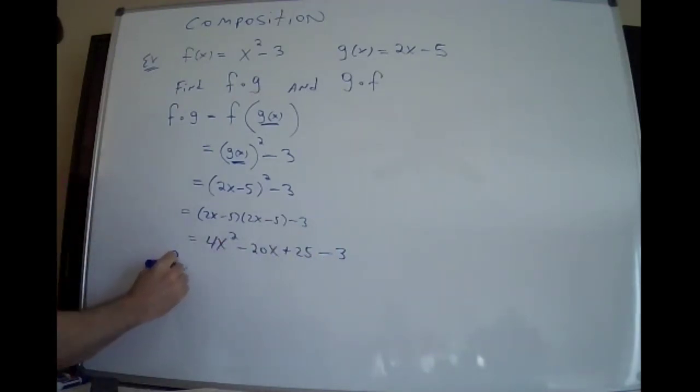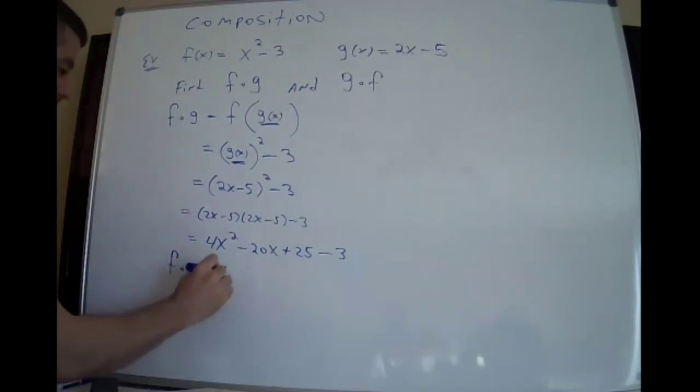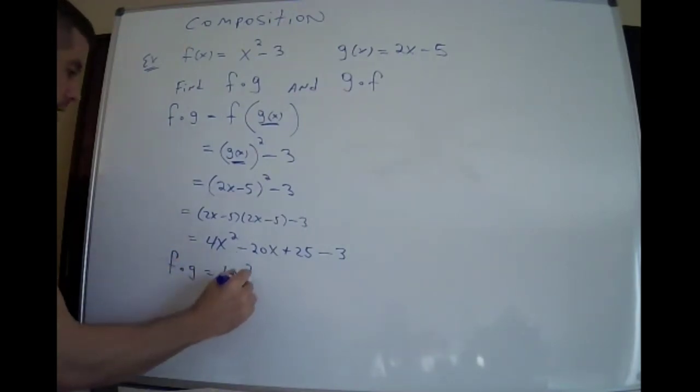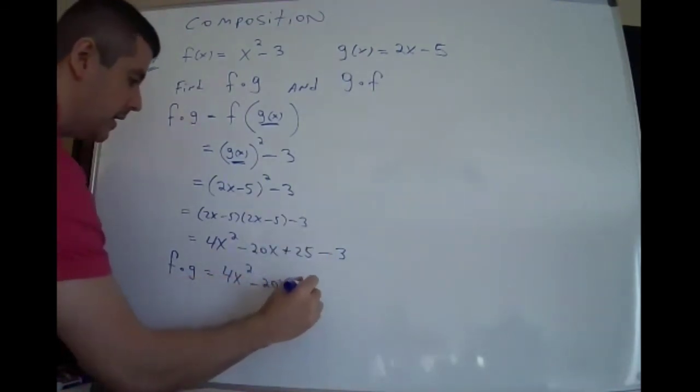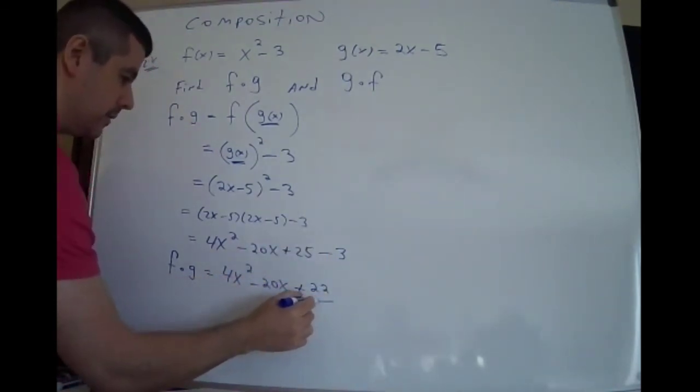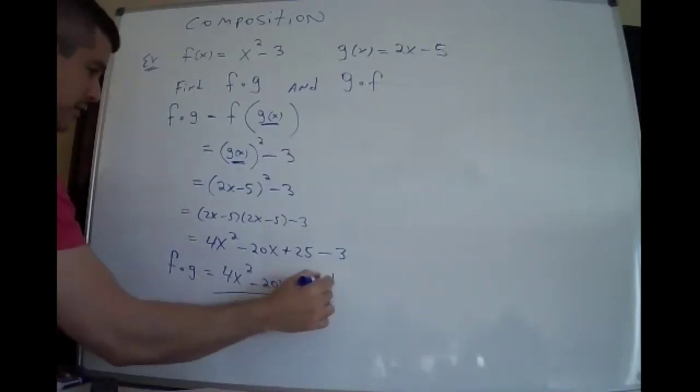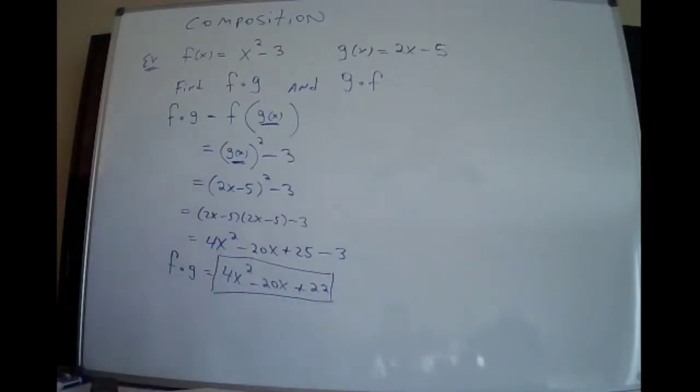So f o g, my f circle g, was 4x squared minus 20x plus 22. 25 take away 3 is 22. But you can factor out a 2. They're all even. Yes, you can factor out a 2 if it makes you happy, but it's completely unnecessary. There's no reason to do that. So this is what f o g is, okay? F composed with g. So I have no room to do the other one, so I'm going to have to erase it. And then I'll do the next one.